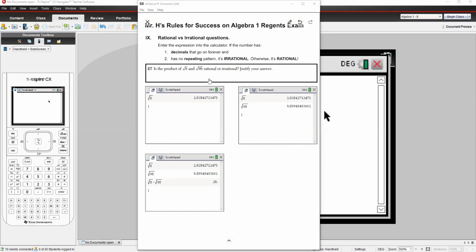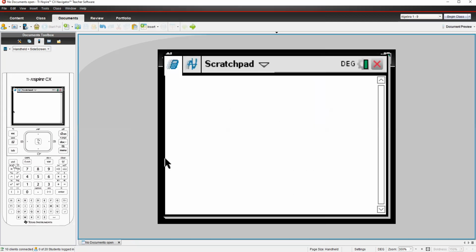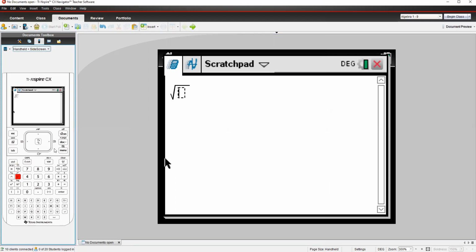So let me show you how I would do this question. You've got two numbers, the square root of 8 and the square root of 98. I would just enter the square root of 8. So it's control x squared, put an 8 inside and press enter. Now, this has decimals and the decimals seem to be going on forever. You might say it looks like it ends, but it doesn't.